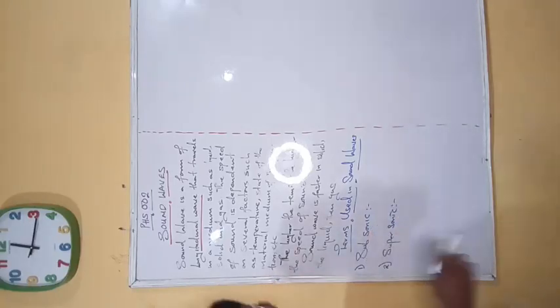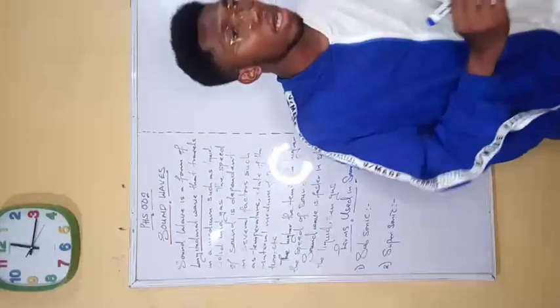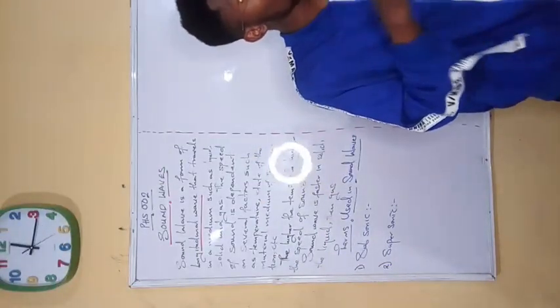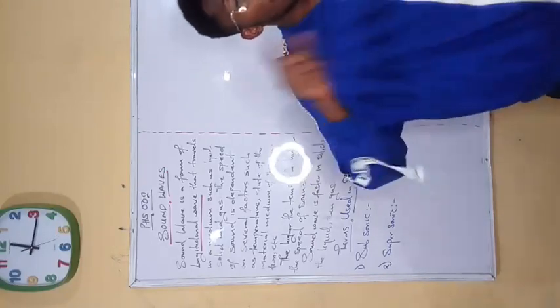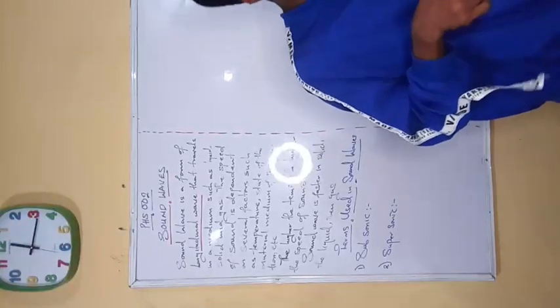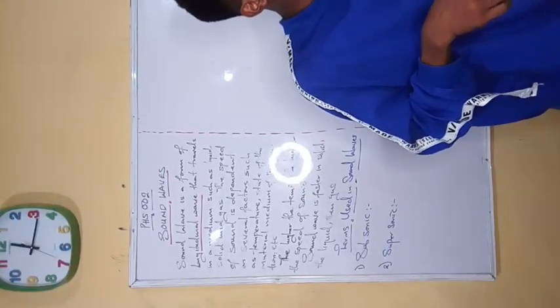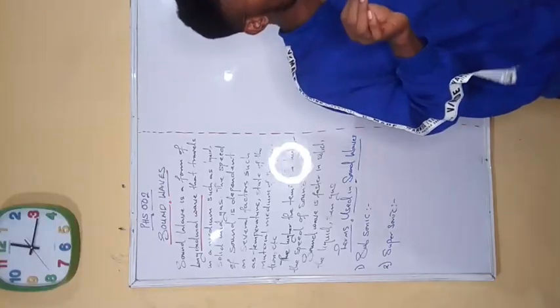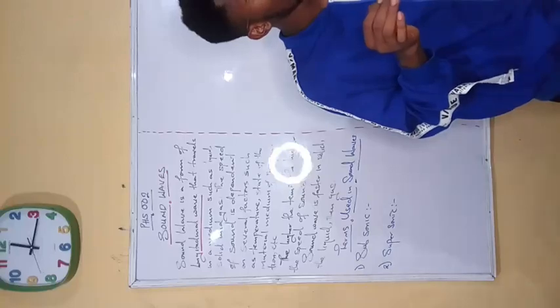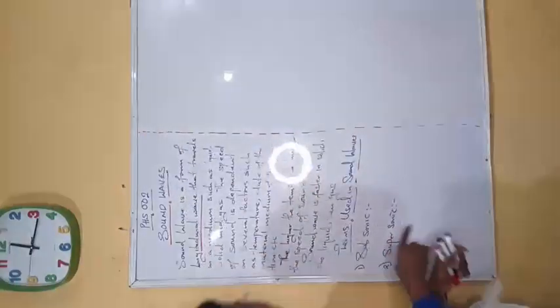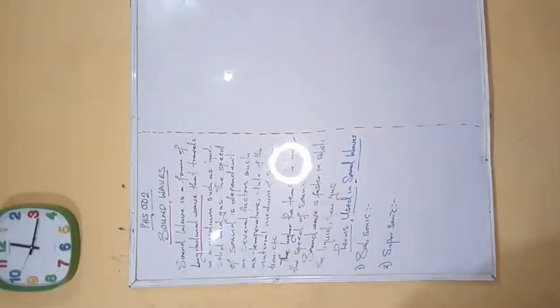Now, when you hear the word subsonic, stop writing. A subsonic wave or particle is a particle moving with a speed less than the speed of sound. Good. But supersonic is a speed that is what? Greater than the speed of sound. Write it down.